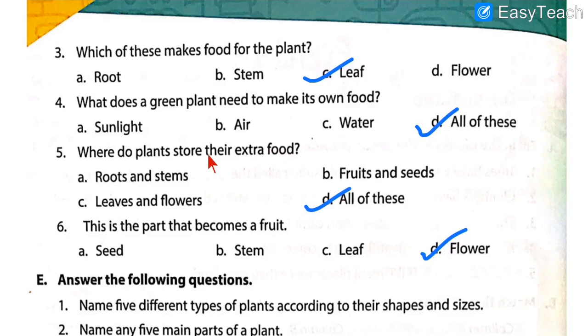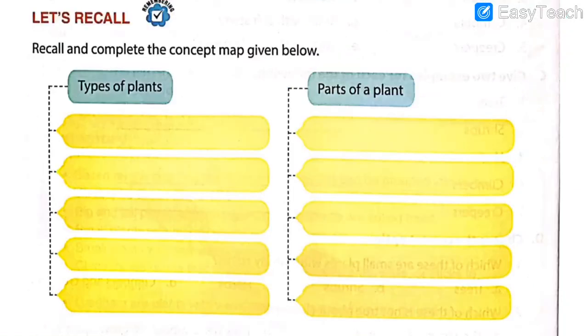Where do plants store extra food? They store extra food in all the body parts. So all of these is the correct option. This is the part that becomes fruit. Which part of the plant turns into a fruit? That is flower. So these are the 6 MCQs that we have just completed marking the answers with.